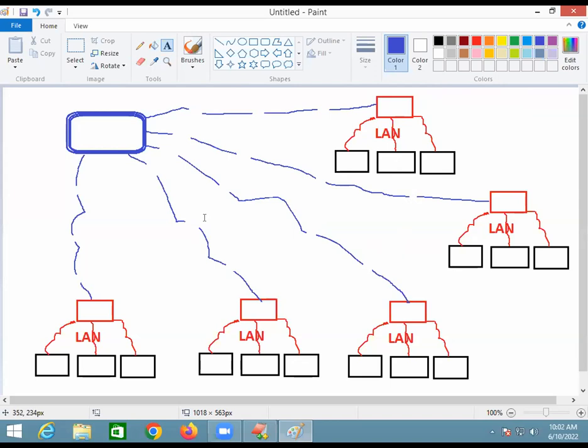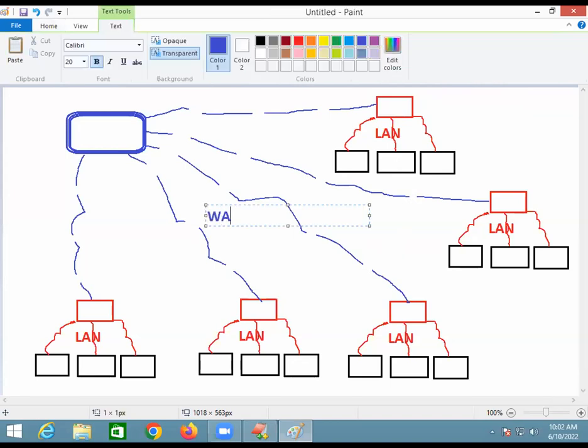What is this type of environment, sir? This is called WAN. Wide area network actually means a wireless networking system. So blue color box to red color boxes, networking happens with wireless communication. And red color box to black color box, networking happens through cables.